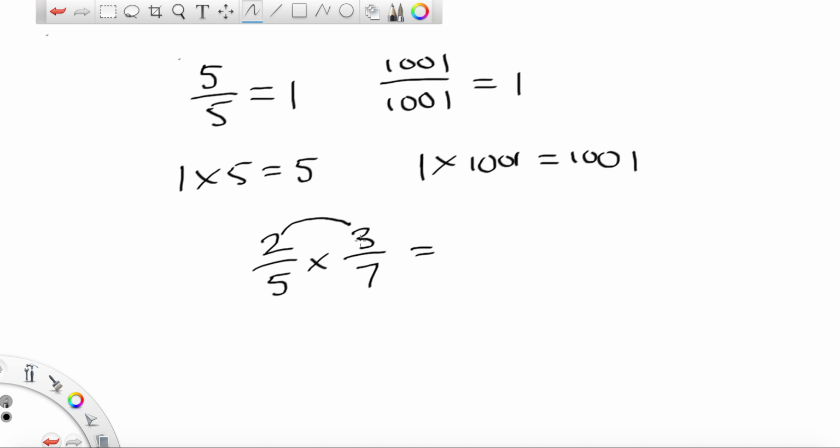So 2 times 3 is 6. And 5 sevens are 35. So you multiply them and then that's your answer right there. So these are 3 keys to understanding fractions, right? So bear those in mind.